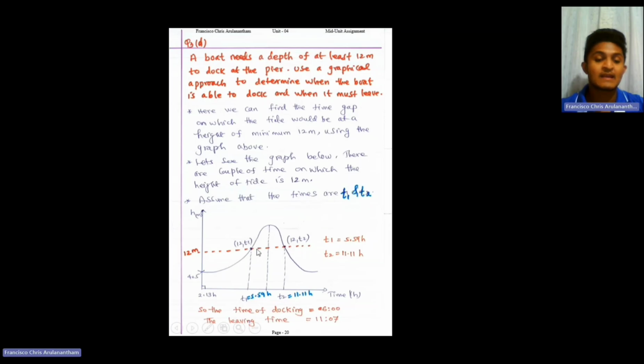These are the 2 times. T1 is equal to 5.59 hours. T2, this cutting point, is equal to 11.11 hours.